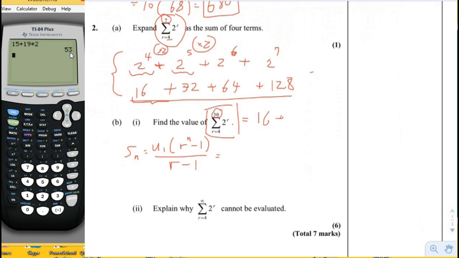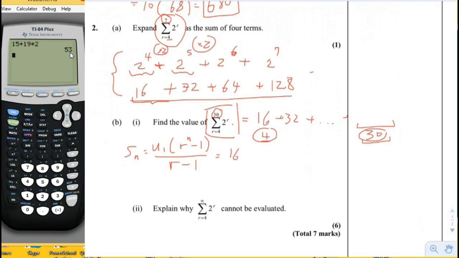Which is 16 plus 32 plus dot dot dot. We just don't know exactly what the 30th term is. And just to keep this straight, remember this is not index 1, this is index 4.